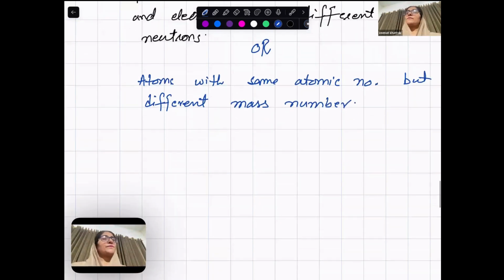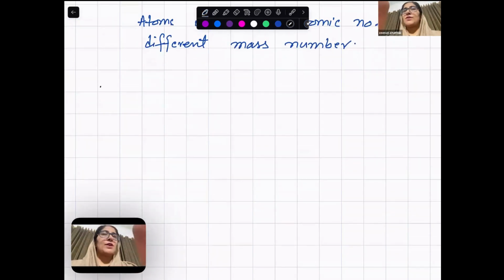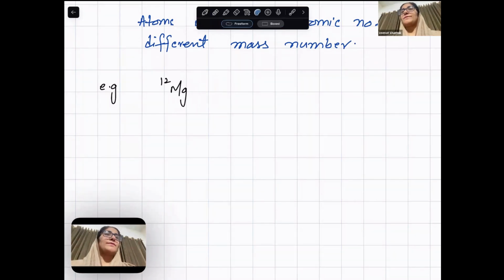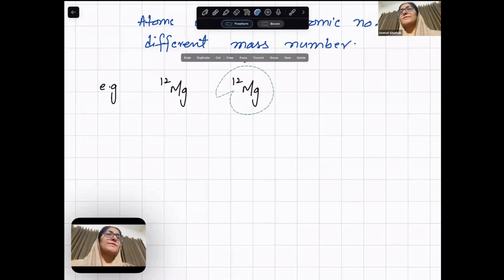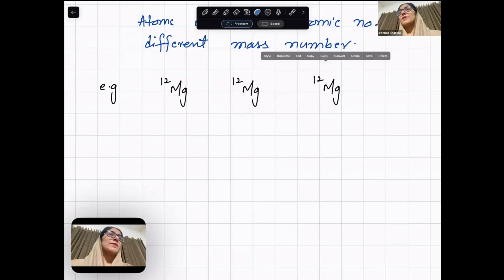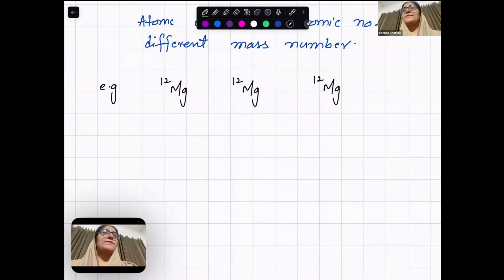Now, for example, magnesium, atomic number 12, with mass numbers 23, 24, 25. So what is your conclusion?